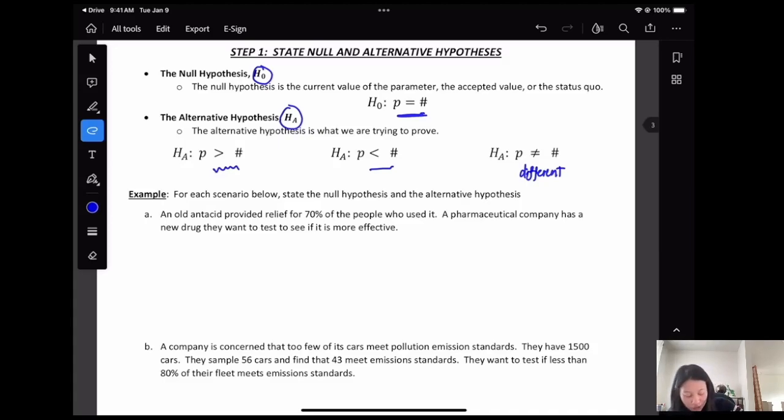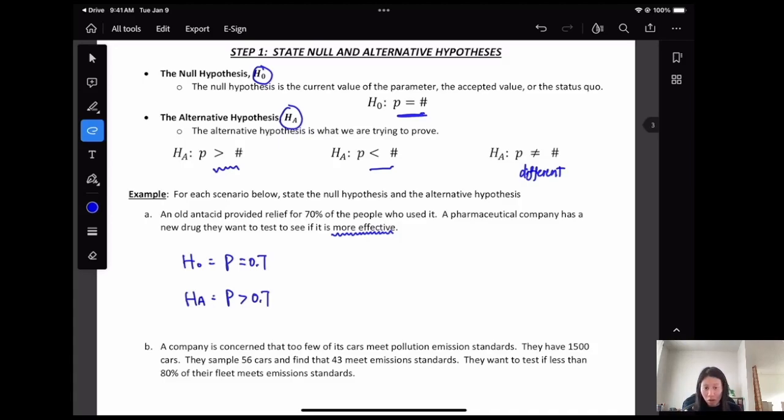The current value of the parameter, which is our null hypothesis, is 70% of people who use it and got relief. Now the pharmaceutical company has a new drug. What they're trying to prove is the alternative hypothesis, since they're trying to prove it's more effective compared to the old one. So which means it is greater than 0.7.